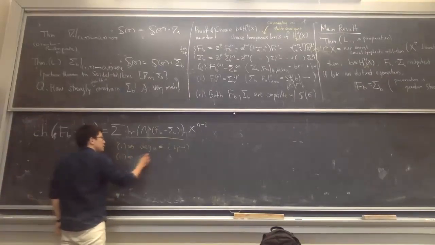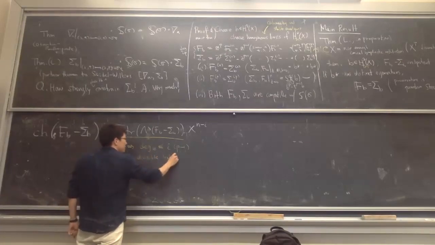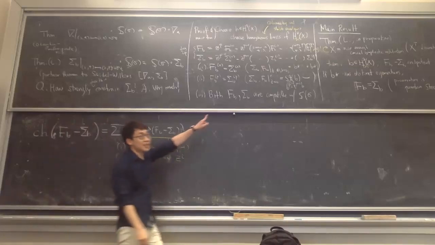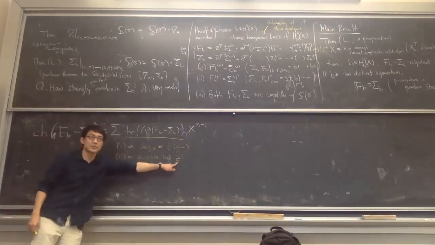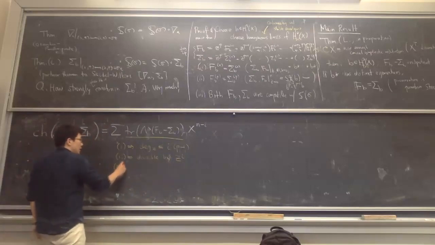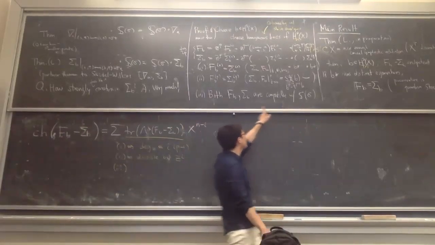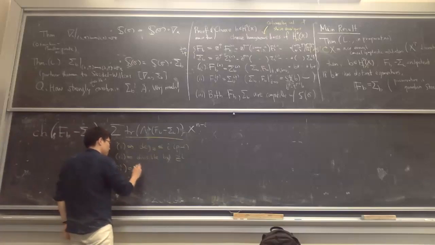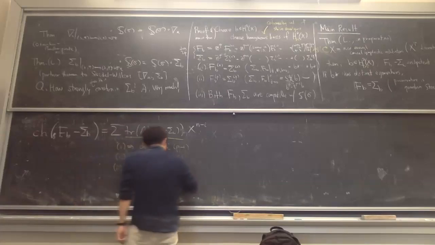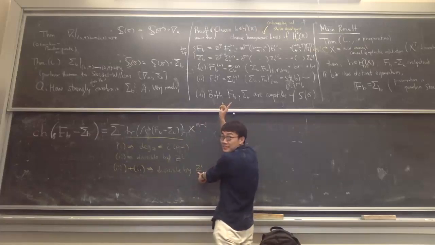And also, this expression is divisible by Z to the i because their constant terms agree. So if you take the difference, everything is divisible by Z. And then if you look at the i-th exterior power, it's divisible by Z to the i. And the third relation, if you take the shift operator in the direction of the S1 action that scales the holomorphic symplectic form, this tells you that it's not only divisible by Z, but it's also divisible by the thing that you get after the shift.